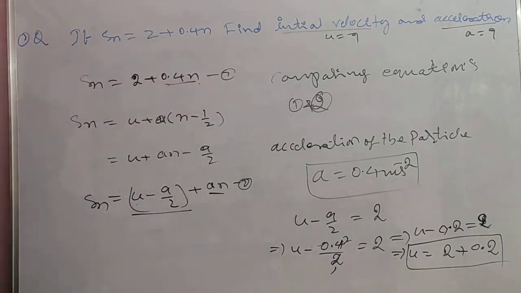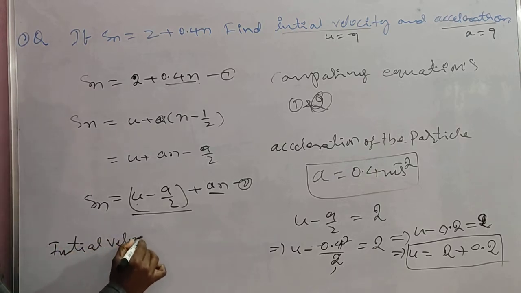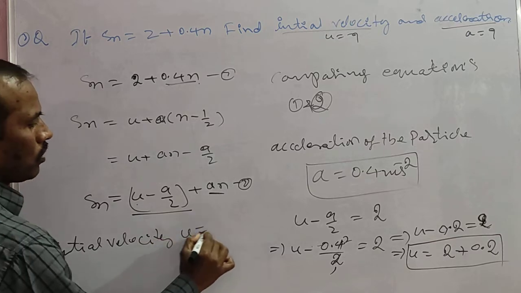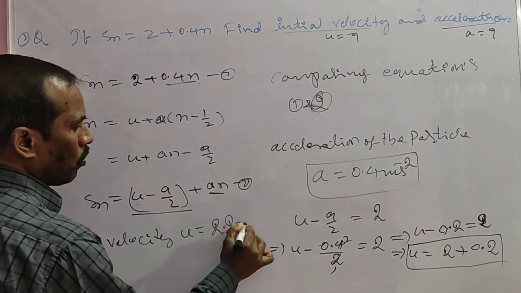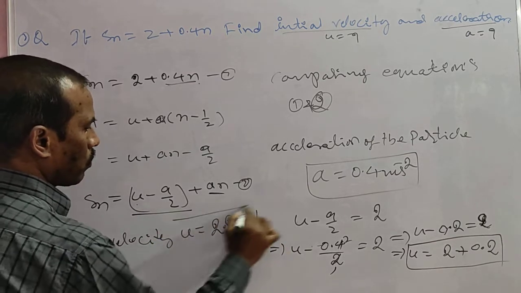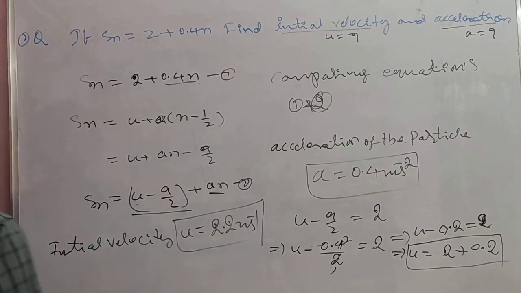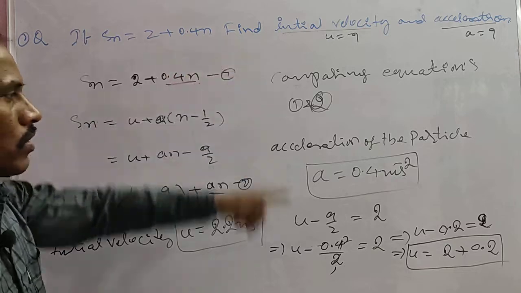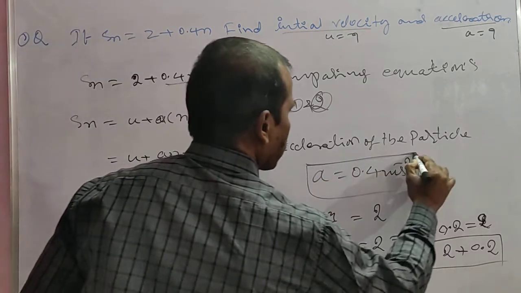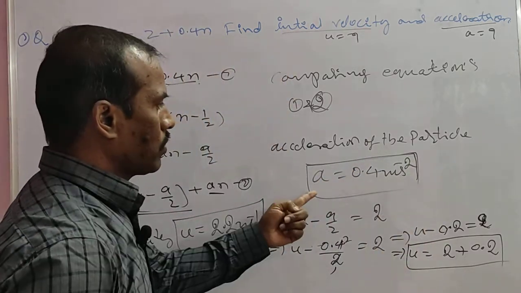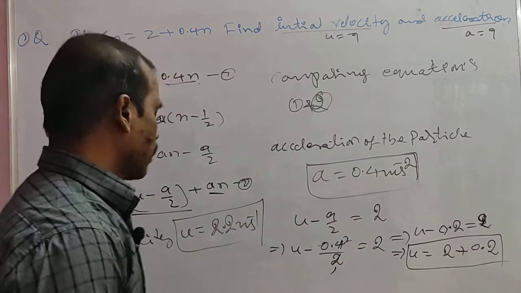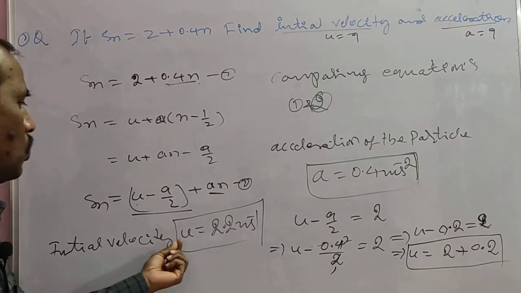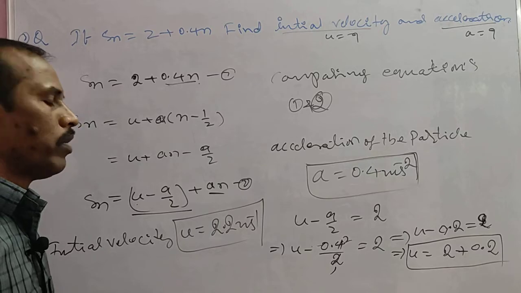So the initial velocity u is equal to 2.2 meter per second.